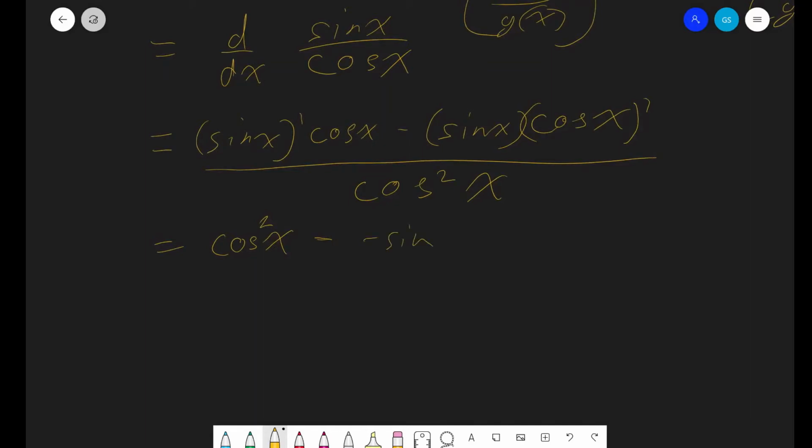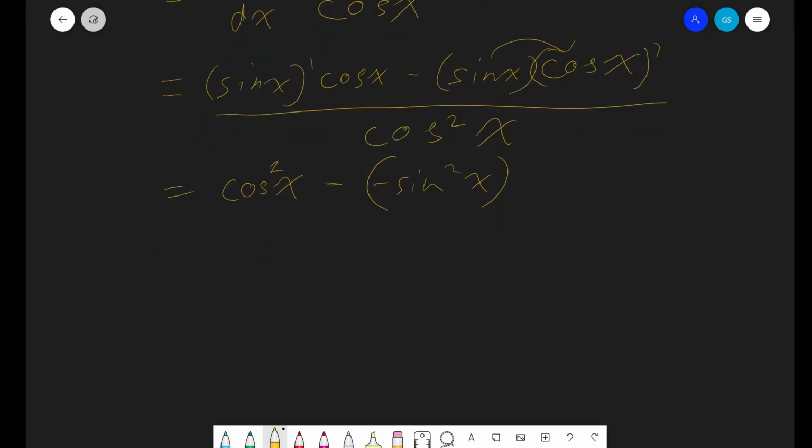Negative sine x. Well, negative sine squared x, right? Because the sine x is multiplying the derivative of that, all over cos squared x. Right? We see a negative and negative here, so they both become positive, right? Now, that would just be cos squared x plus sine squared x over cos squared x.